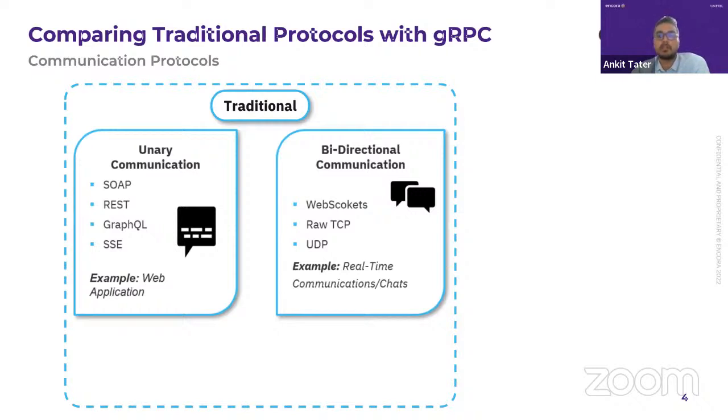You use TCP because performance-wise TCP is way better than other protocols. And UDP also helps you. UDP is the User Datagram Protocol, whereas TCP is the Transmission Control Protocol.